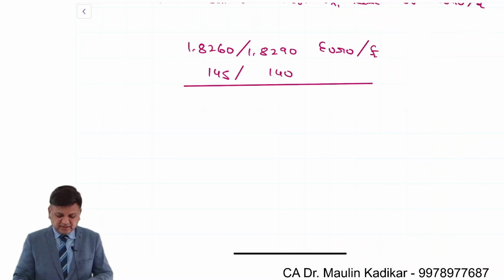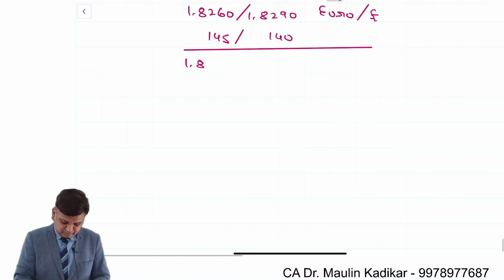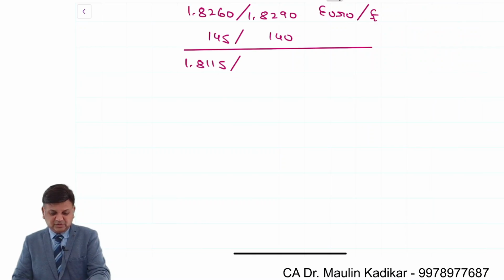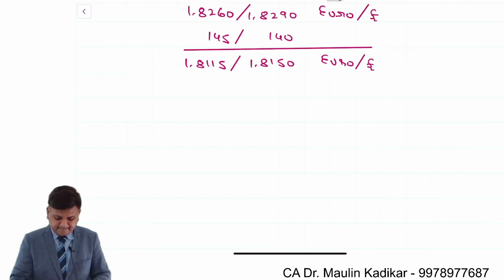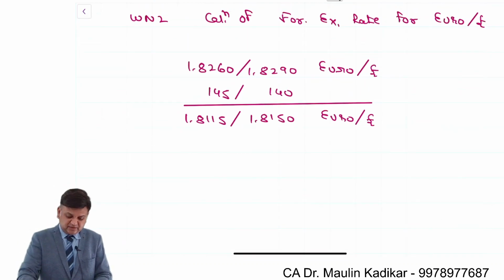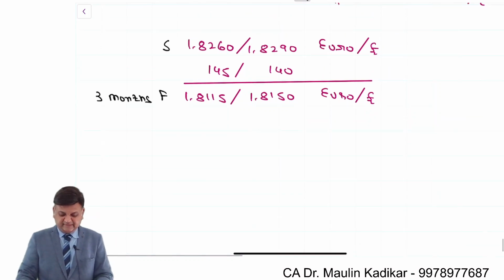It is high low, so it will be deducted. So 1.826 minus 0.0145, so 1.8115 slash 1.8290 minus 0.0140, so 1.8150 euro per pound. That is the way the forward exchange rate is calculated. This is spot and this is 3 months forward. Okay.